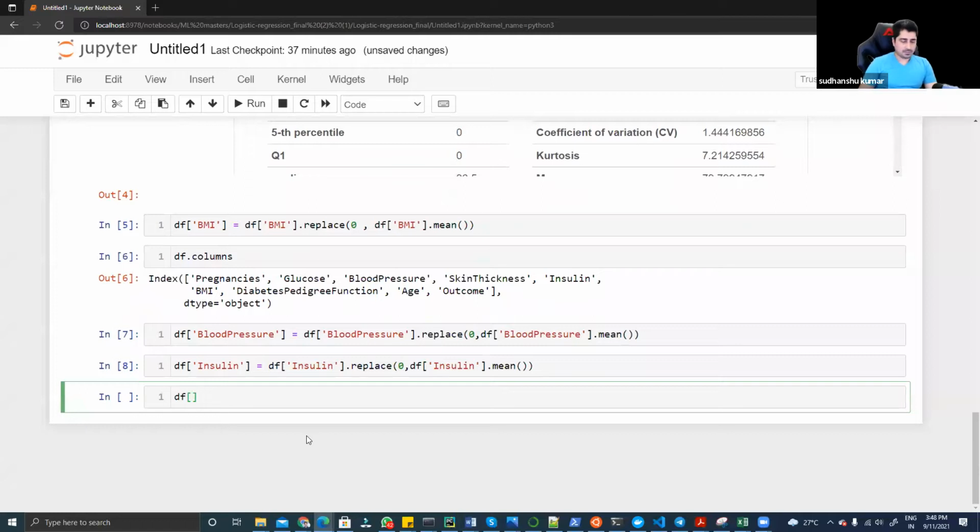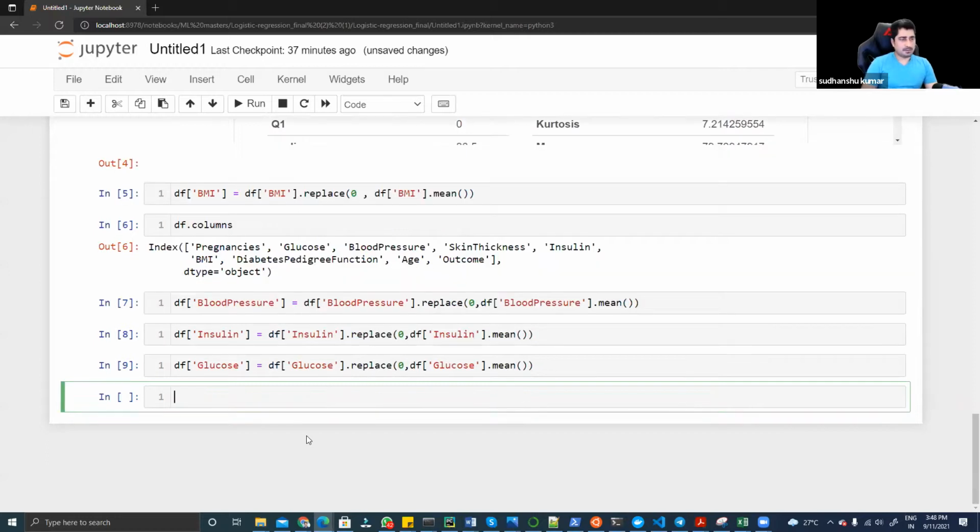Now maybe we can work on glucose. Data frame of glucose dot replace zero with data frame of glucose mean. Done. Now maybe we can work on skin thickness.